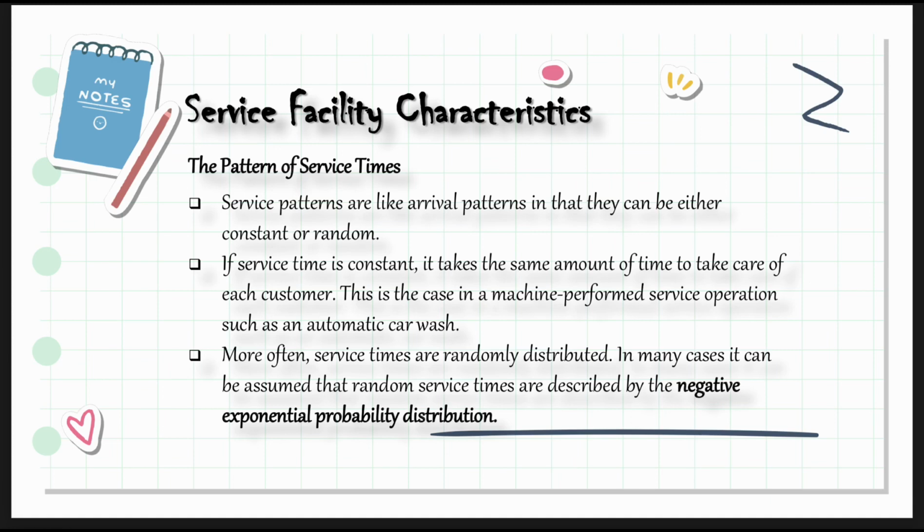Right? If you notice, the service there is constant and it takes the same amount of time to take care of each customer, since there is an investment in the time for washing every car, which is automatic. More often, service times are randomly distributed.